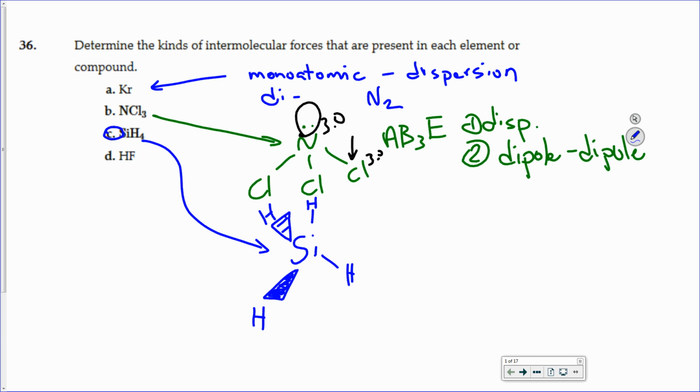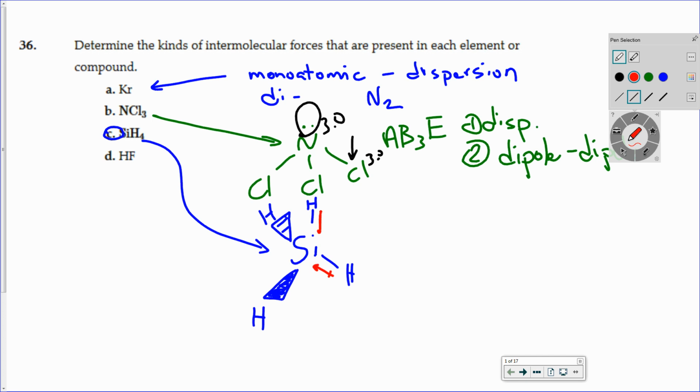Now all the atoms are equivalent, and I've got symmetry associated with this. Because of that, all of the polar bonds, even though there's a difference in electronegativity pulling from the silicon to the hydrogen in each one of these, that small difference in electronegativity is going to completely cancel out because of the symmetric nature of this.